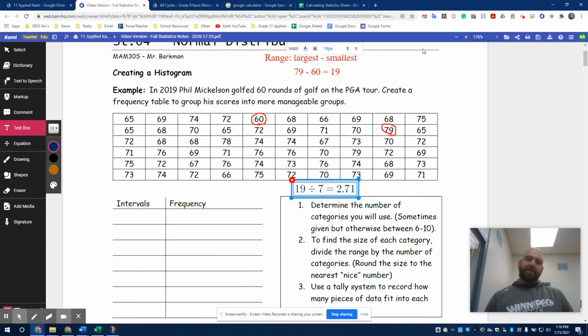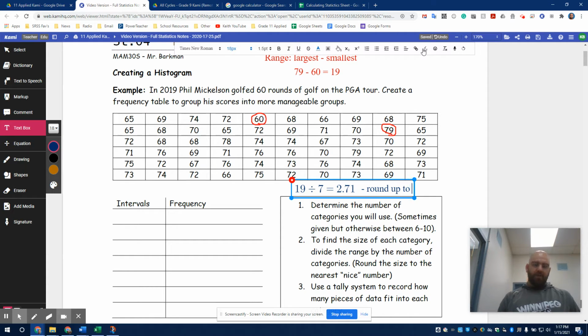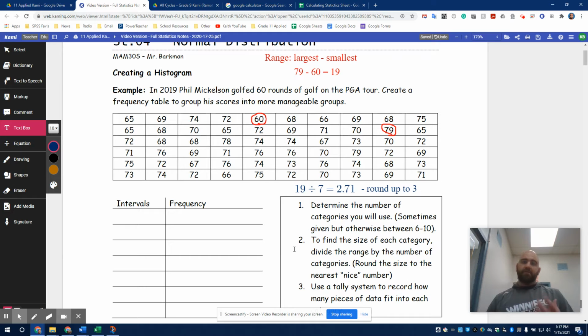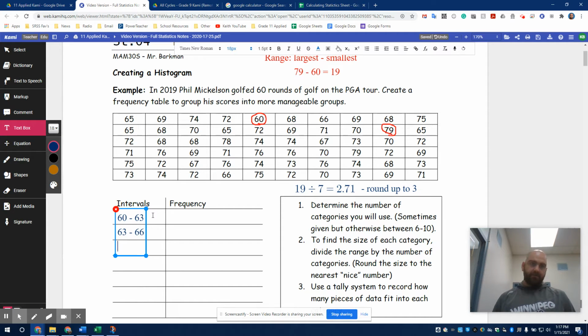That means if I want 7 intervals with a range of 19, I need them to be at least 2.71 big, which I'm going to round up to 3. So I'm going to have groups of 3. The intervals go from the lowest to 63, then 63 to 66, and then 66 to 69.